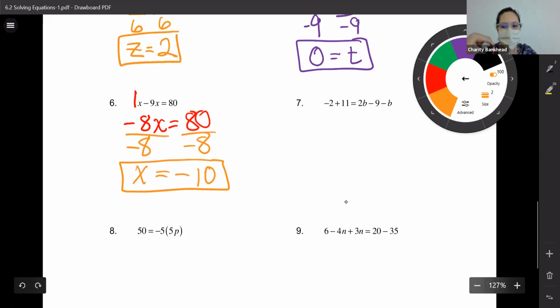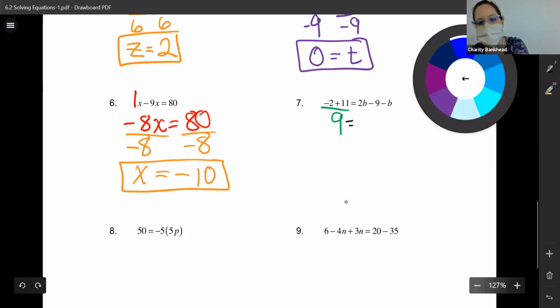Okay, number 7. So again, we need to simplify each side first of all. So like negative 2 plus 11 would equal positive 9. So bring down the equal sign. And let's see, over here we have, there's an invisible 1 in front of that b there. So combine like terms, 2b minus 1b equals 1b, which is the same thing as just b.